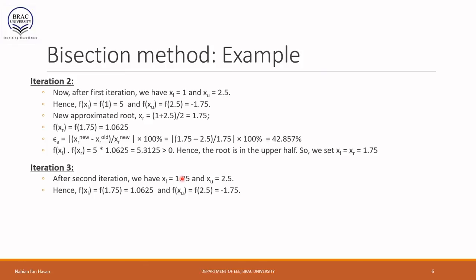Since we already verified that in our first iteration, we don't need to re-verify that in our current iteration. So we directly calculate our new approximation of the root, which is the mean of the boundary, 1.75 and 2.5. If we take the mean, we get 2.125. So this is our new approximate root for the third iteration.